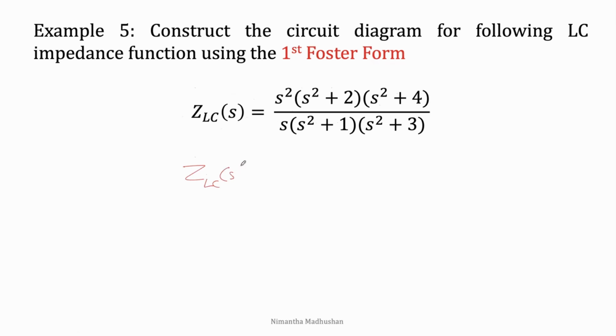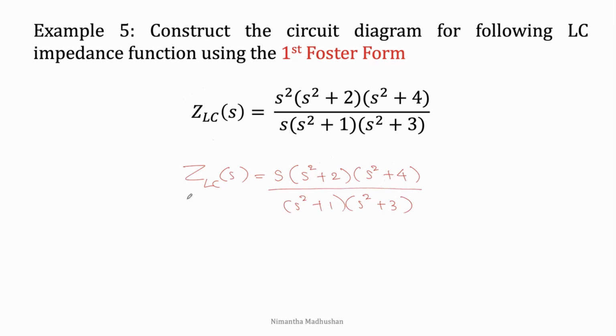One s will cancel in the numerator. Then we can write Z_LC(s) equals s times (s squared plus 2)(s squared plus 4) over (s squared plus 1)(s squared plus 3). This is the final impedance function of the given network.